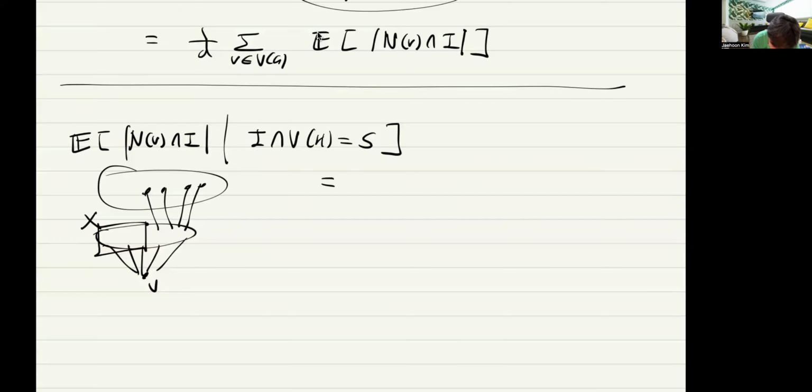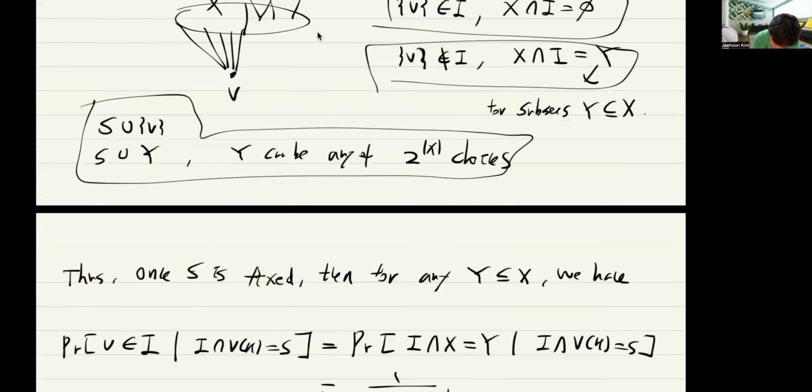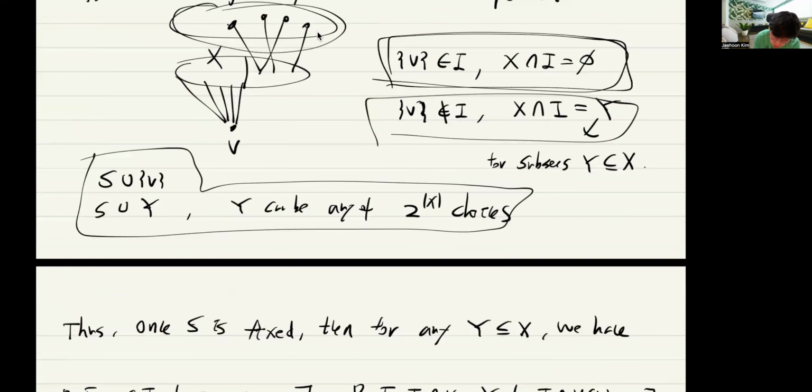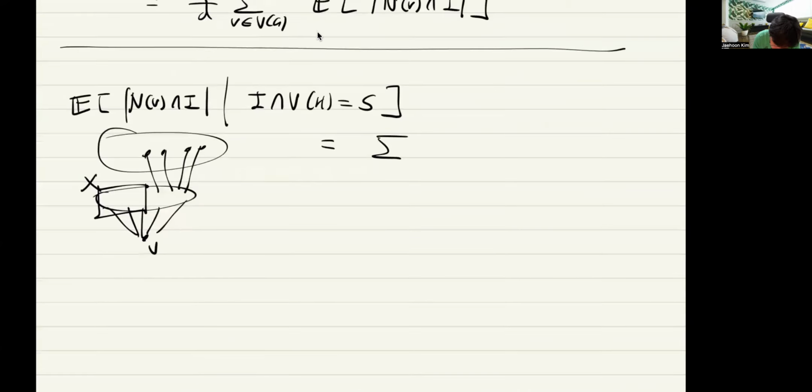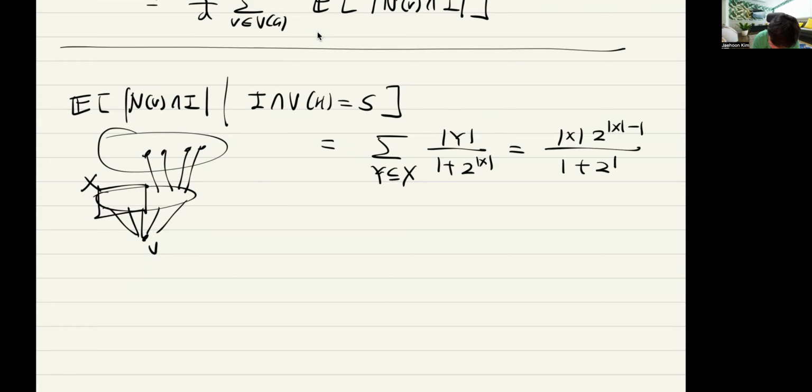As we know, there are two cases. In this case, we don't count anything. In this case, we count the vertices in Y. So we have to consider all possible subsets Y of X, and for each case, you have to add this. It's a simple computation, and that's exactly |X| over 2 times 2 to the |X|. So you can write it this way, over 1 plus 2 to the |X|. So this we know.